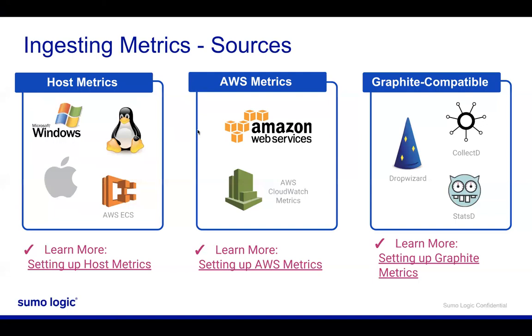AWS sends all its metric information into CloudWatch, so we can tap right into CloudWatch and grab all AWS metrics. You can also send us your Graphite compatible metrics. If you're using something like CollectD or StatsD or DropWizard, we can grab metrics from there as well. And the 4th one, which isn't listed there, is that we can create metrics out of your logs. If you have logs that have data in them, we can create metrics out of those as well.